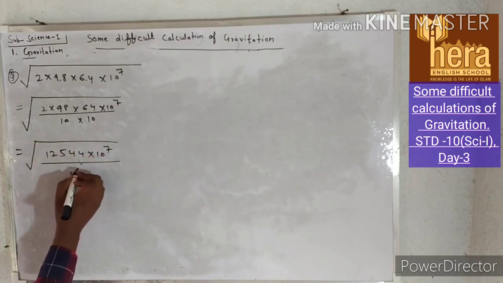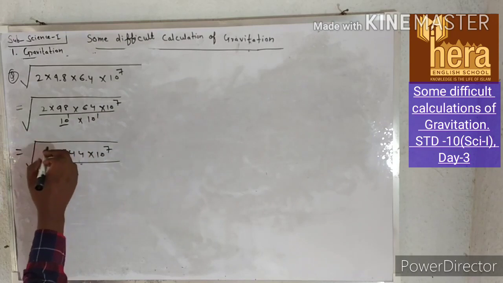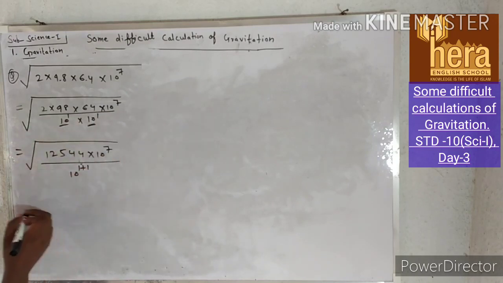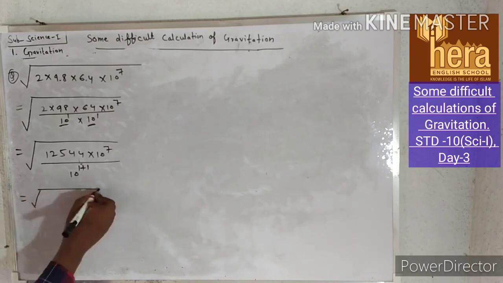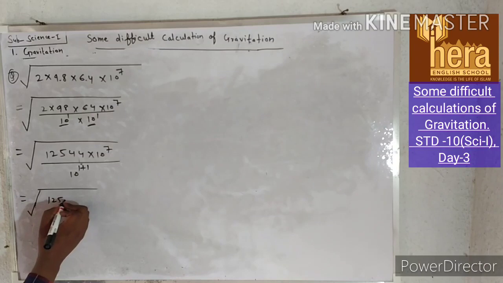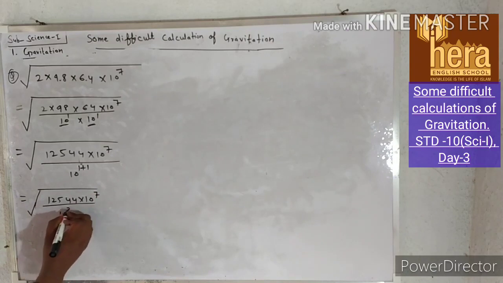upon 10 raised to, here is 1, here is 1, base is 10, base is 10, the index will be added, it means 1 plus 1. This will be equal to 12544 into 10 raised to 7 divided by 10 raised to 2.